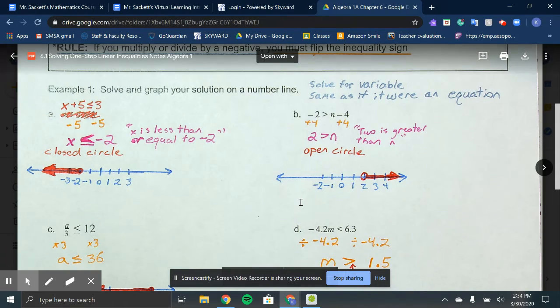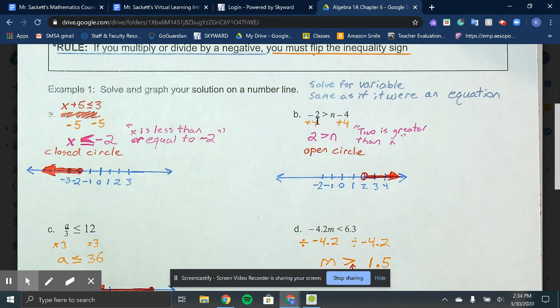So if we look at B here, we have negative 2 is greater than n minus 4. So we want to get n alone, the opposite of subtracting 4. We have to add 4 to each side. And in that case, 2 is greater than n, or n is less than 2. Now in this case, I apologize because I actually drew my arrow going the wrong way.